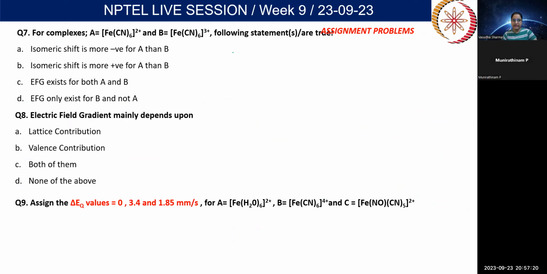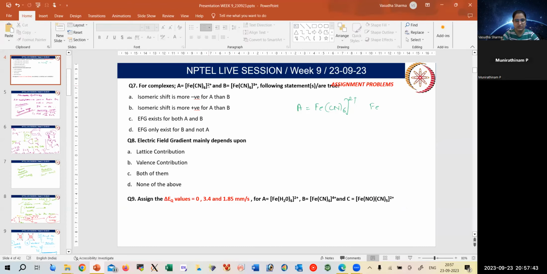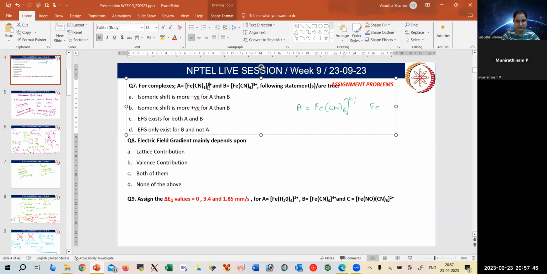For complexes A, that is A equals to iron CN6 2 positive. Sorry, there's some mistake in the oxidation state, I guess. So here it is 4 negative, and here it is 3 negative.